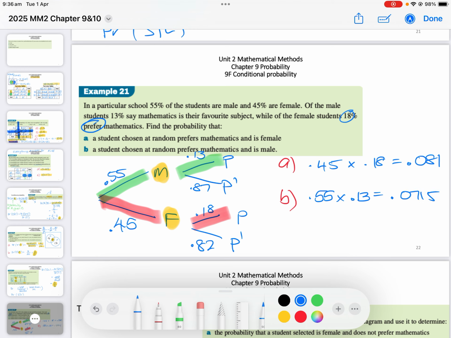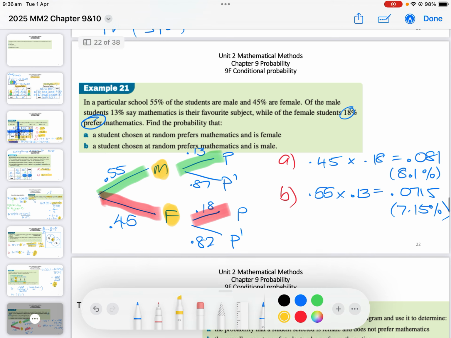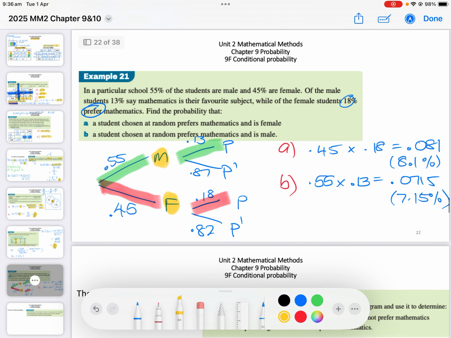And you could write those as percents if you like, but I think that it's more sophisticated to write them as a decimal. But either way, there's those answers.